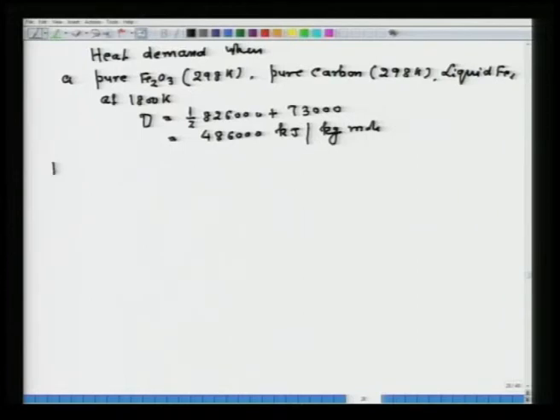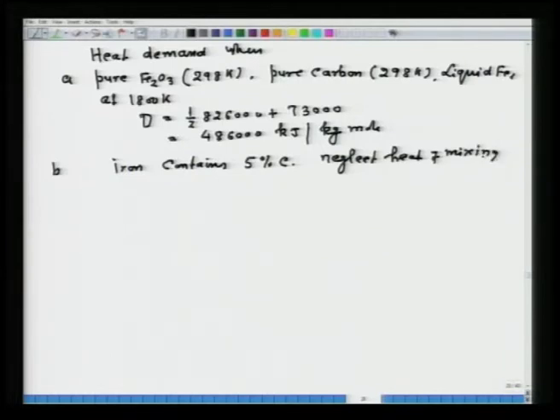Now, let us take case B. In case B, let the iron now contain 5% carbon. Neglect heat of mixing. Now, I am showing how the simplified model can be tuned to the actual condition. Condition number 2, iron contains now 5% carbon, that is called pig iron.